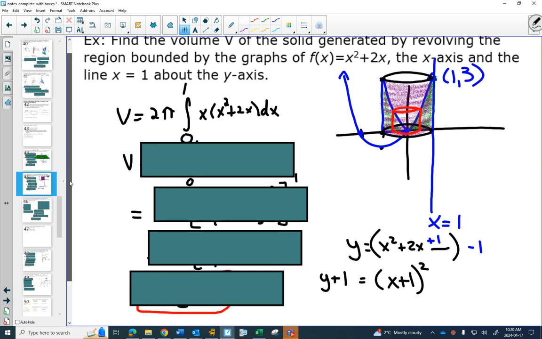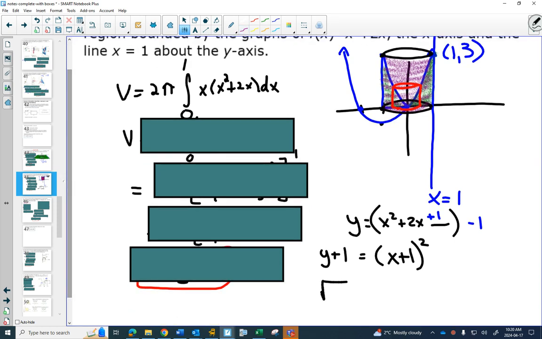You would have to square root, and in the end you would get -1 plus or minus the square root of y plus 1, and you would have to decide which one do you have. Do you have the positive one, or do you have the negative one?